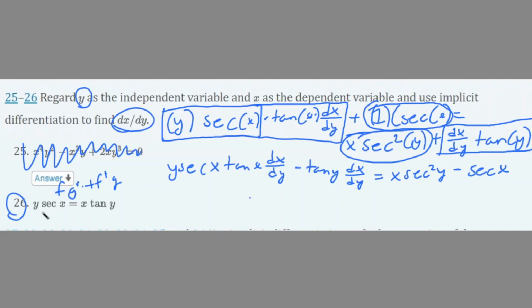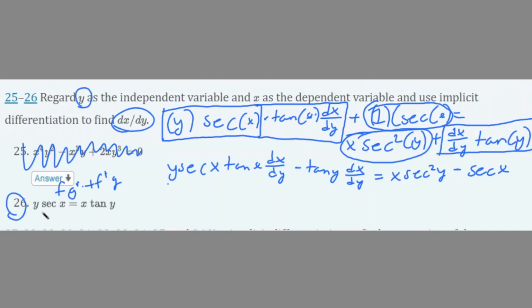Now you did see I didn't put parentheses around the trig function variables. I'm a bit lazy, but you see we have all the dx/dy on the left side, and this time I didn't factor it out, but you could also visualize what it would look like if I did factor it out.